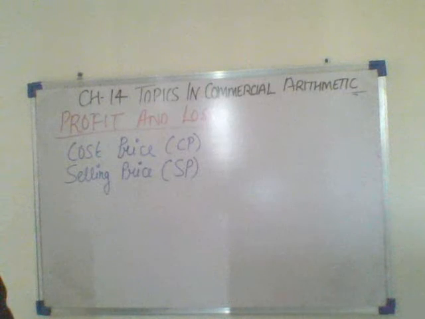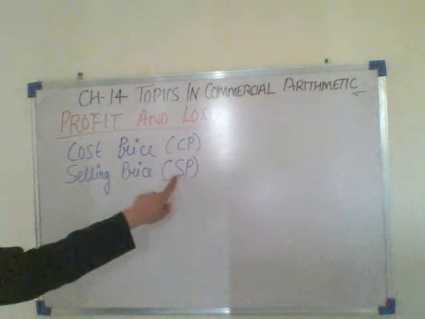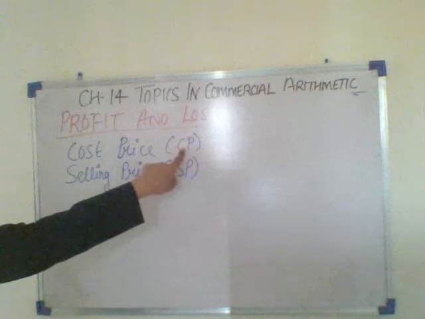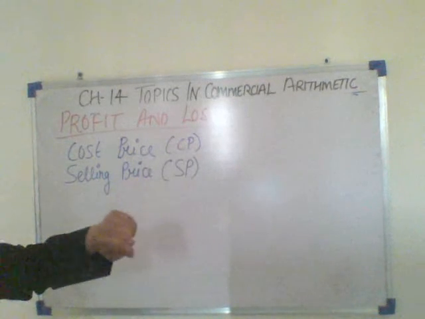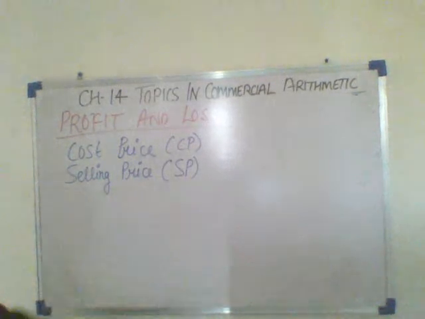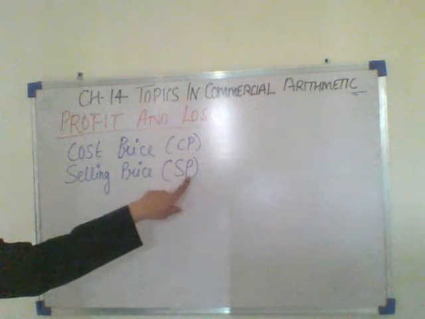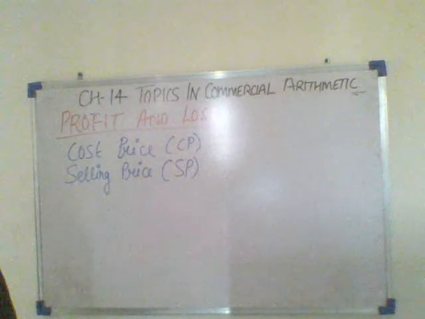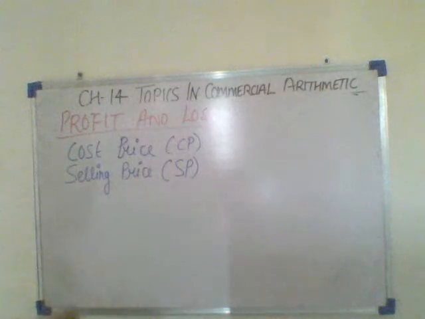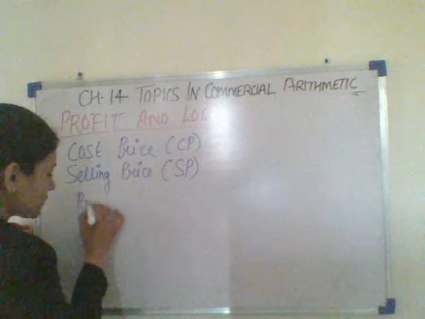Now when the selling price of an article is greater than the cost price, a profit is made. A profit is made whenever the SP is greater than the CP. So how do we find the profit? This also you must know.